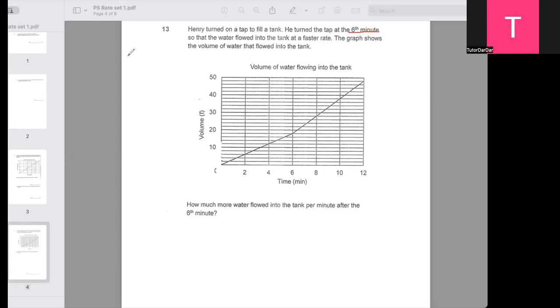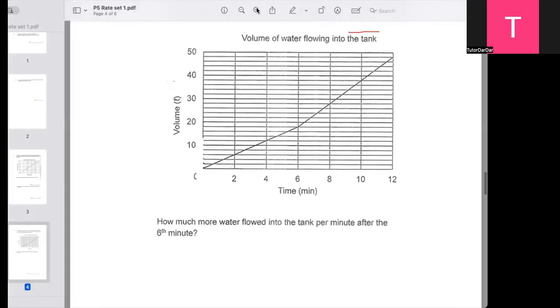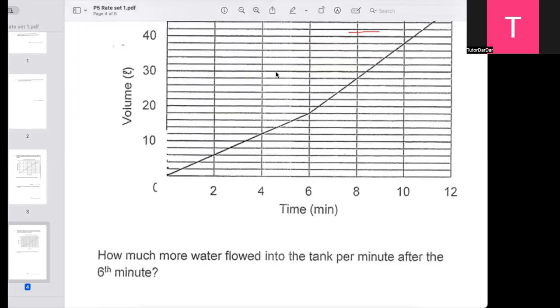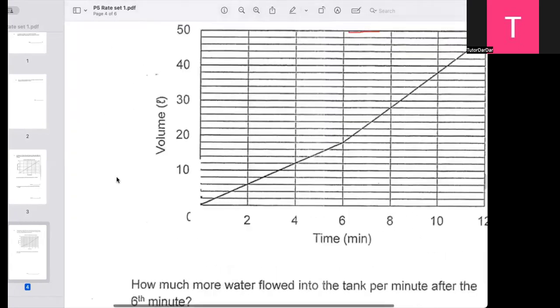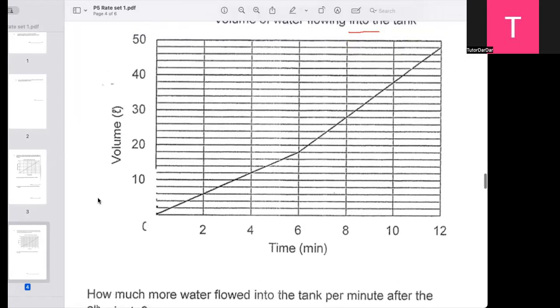So to show you clearly, let's look at this. Do you see this point? And at this point, they are a little bit different.